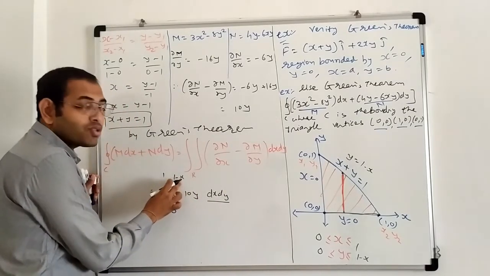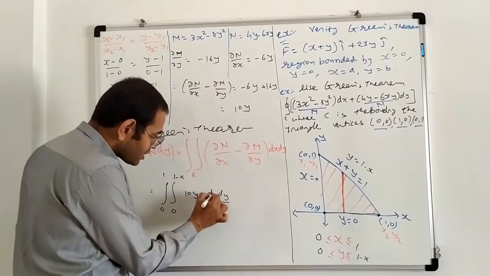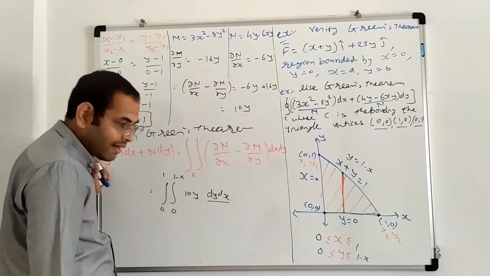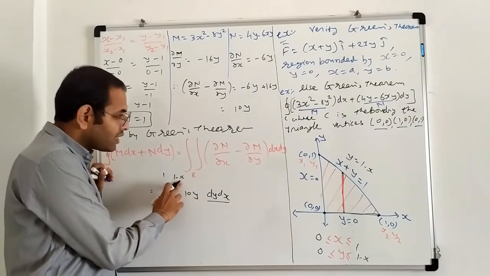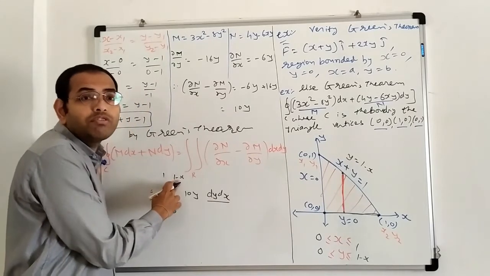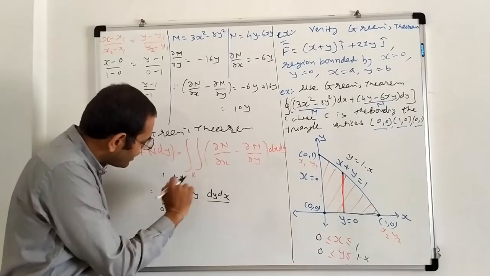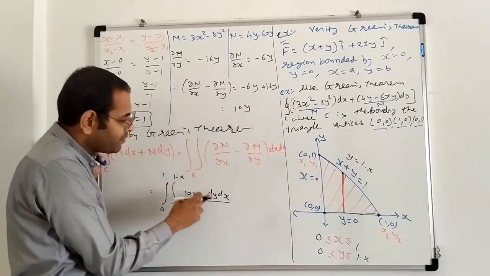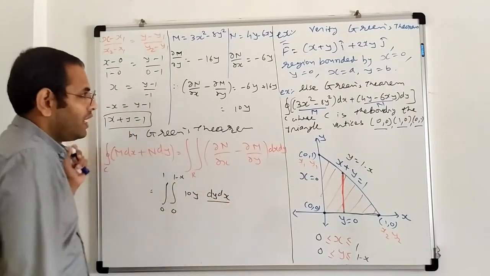Here the limit is in terms of x, so first we integrate with respect to y, and then second with respect to x. If we take a horizontal strip, then the limit is in terms of y, and we take dx first, then dy. But if we take a vertical strip, then the limit is in terms of x, so first the integral with respect to y, then the integral with respect to x.